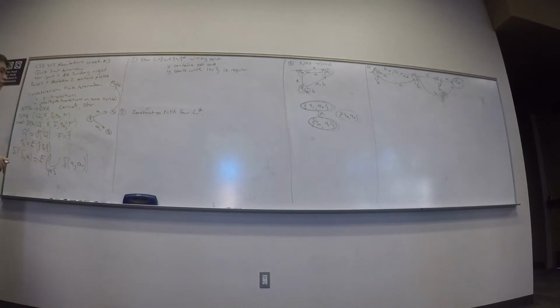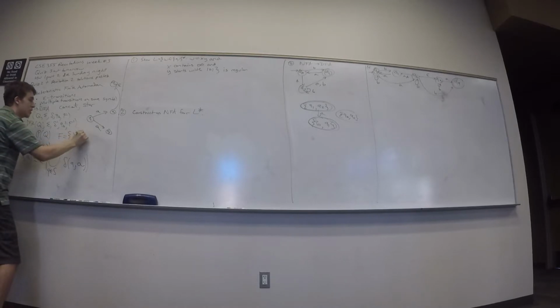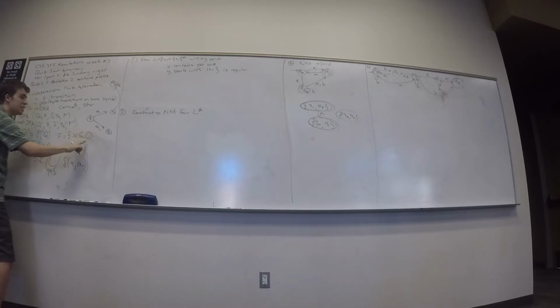So let's figure out how to do this in general. So I want to look at every single subset of the states of the NFA, sorry. And I want to check, does it have anything in common with the set of final states? If it does, I want to make that state of the DFA a final state. So I'm going to look at every single subset of the set of states of the NFA.